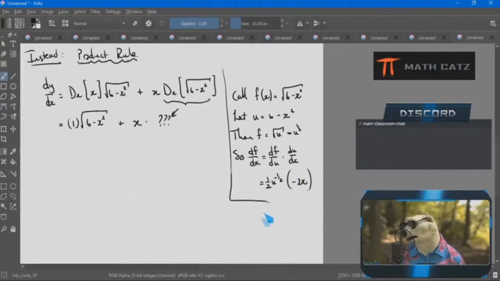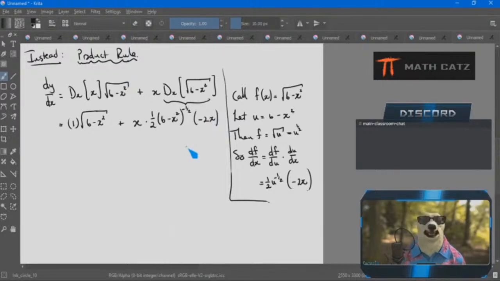Okay, so I've done this. I can now go back here and say, I know I'm not perfectly done. I know I need to replace the u, so I'm going to do it right now. It's going to be 1/2 u, which is 6 minus x squared, to the negative 1/2 times negative 2x. Beautiful.